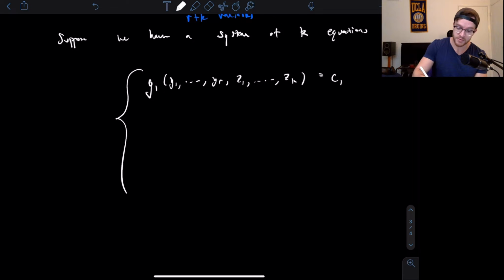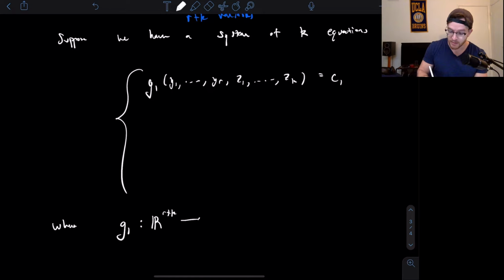So that's my first equation, where G1 is a function that eats r plus k variables, and it spits out a number.